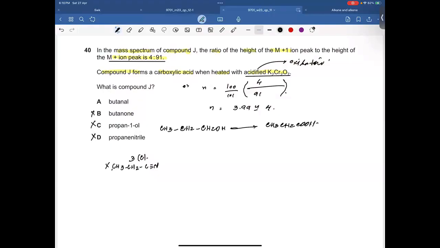Okay, but that's the 3 carbon atom acid, whereas we have 4 carbon atoms. So the right answer, I think option A we are looking for, because we have butanal in which we have 4 carbon atoms. So this compound satisfies the number of carbon atoms, and aldehyde can easily oxidize in the presence of K2Cr2O7 under heat, and is going to be converted into carboxylic acid.